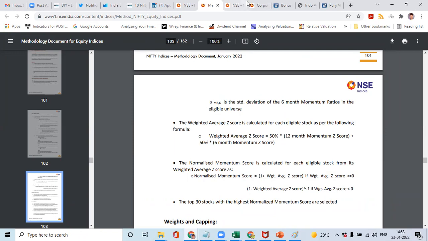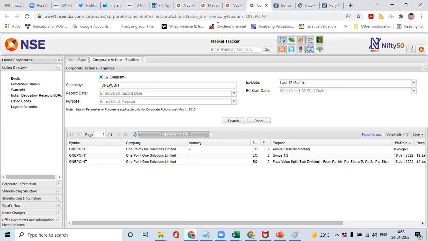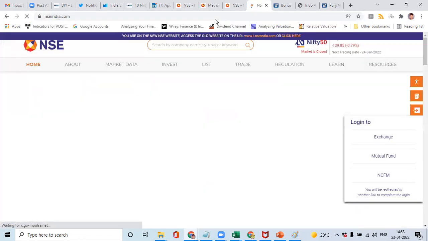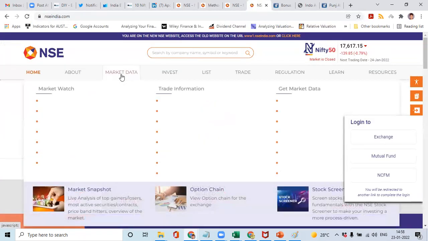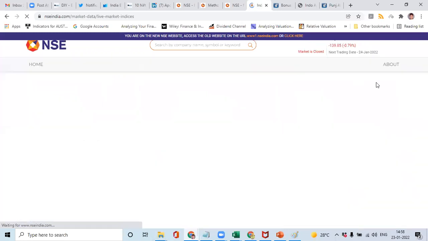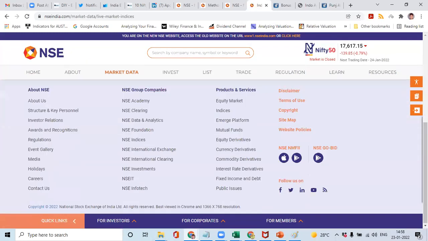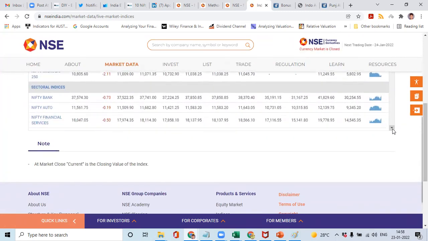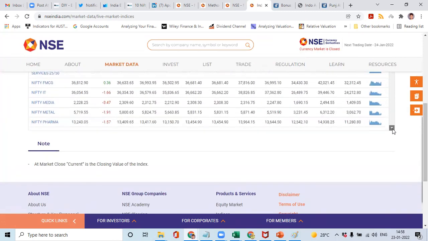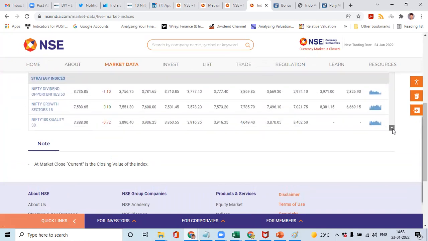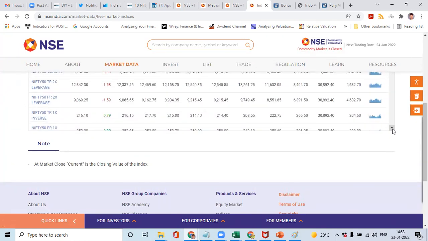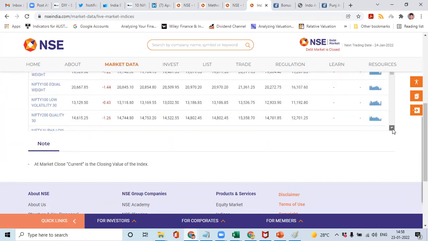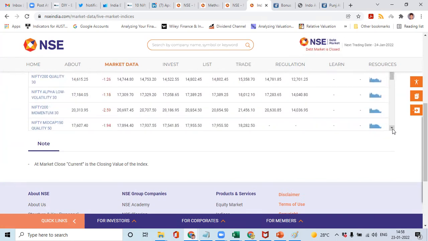What is the Nifty momentum index doing now? How much is the value is what I'm interested in. How much is it? It is 20,000.